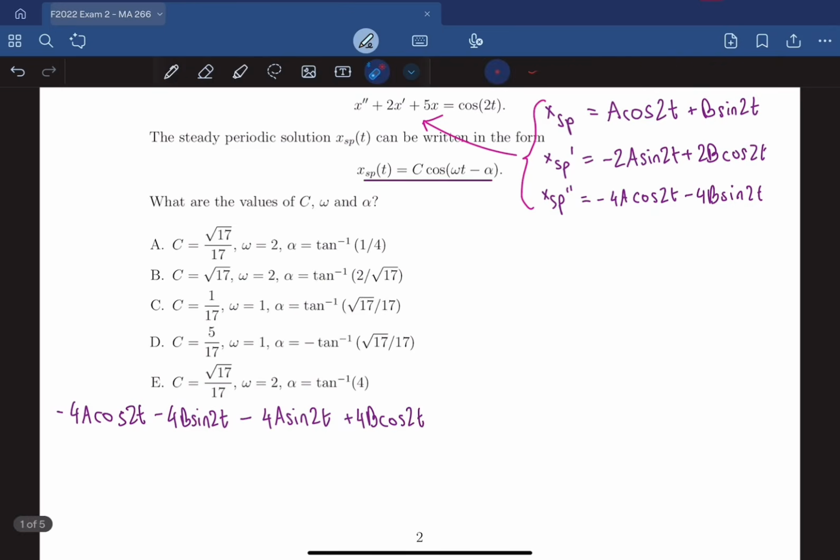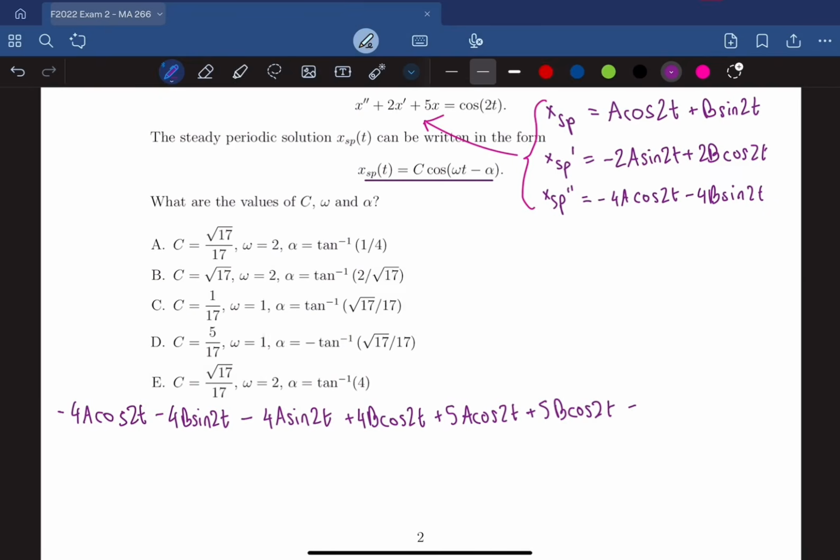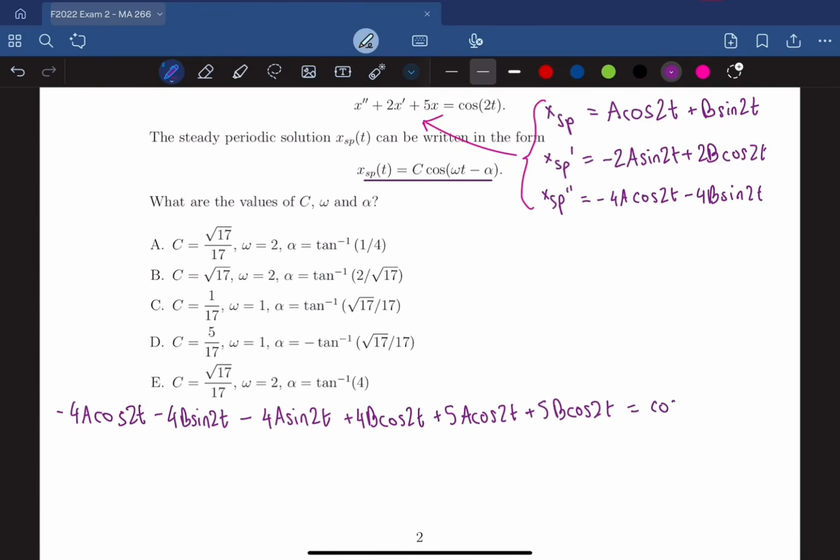And now we have xsp again, and we plug that in and multiply by 5, so we have plus 5a cosine 2t plus 5b sine of 2t. And all of that is equal to cosine of 2t.